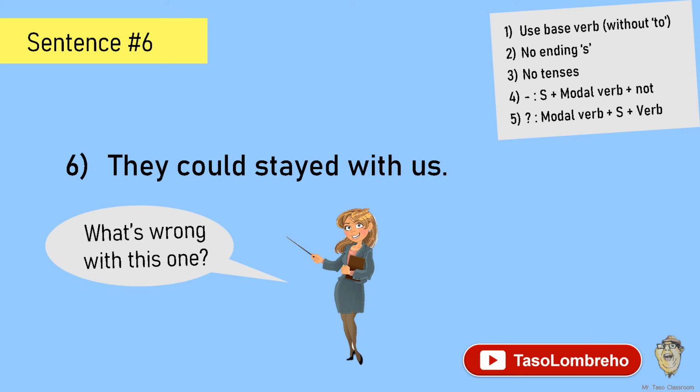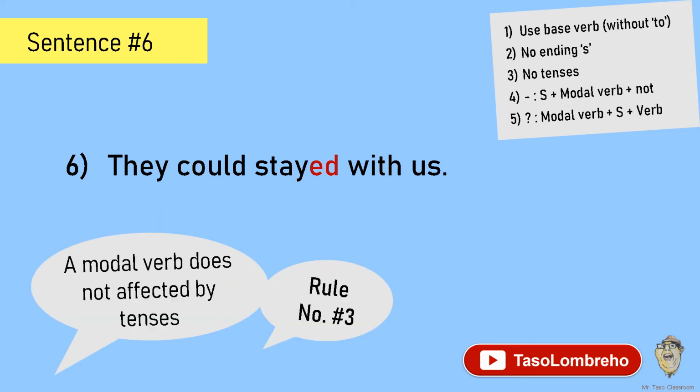Sentence number 6. They could stayed with us. What's wrong with this one? Ending ed, yeah? It is a kind of past tenses, yeah? Which is wrong when you use modal because a modal verb does not affected by tenses.